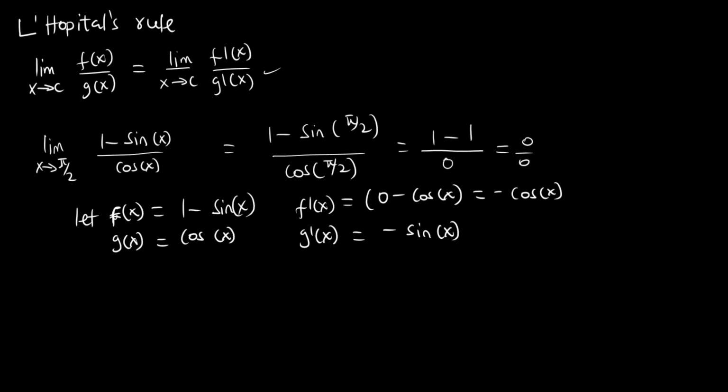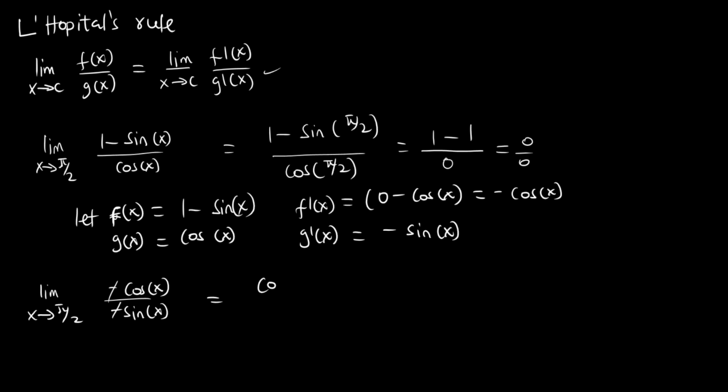Right. So now let's do the substitution. So I'm going to have the limit as x approaches pi on 2 of f prime of x, which is minus cosine of x now, divided by minus sine of x. So these two negatives can cancel out, and then you can do direct substitution and see what will happen.